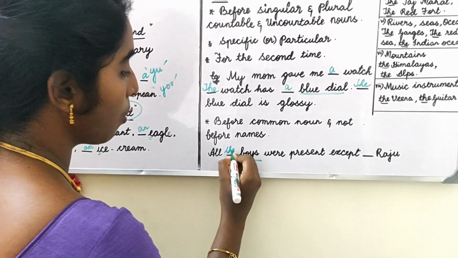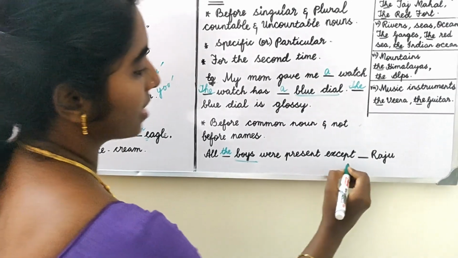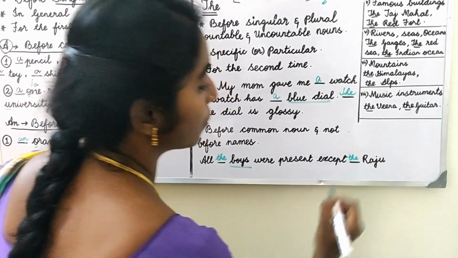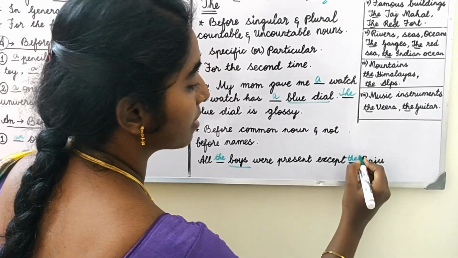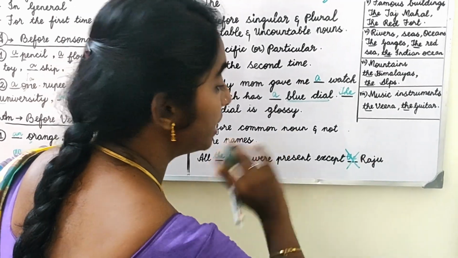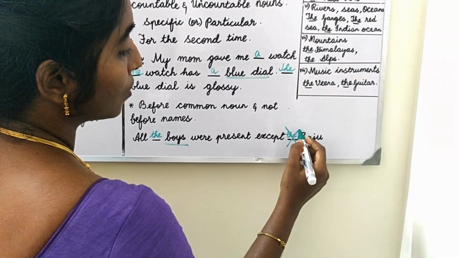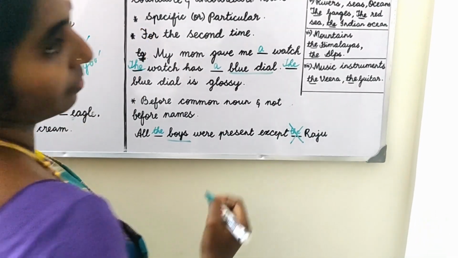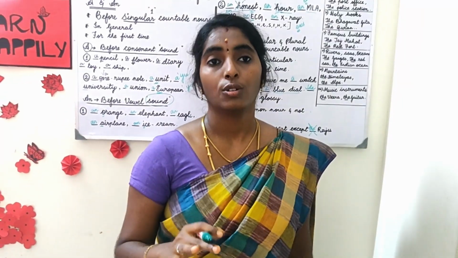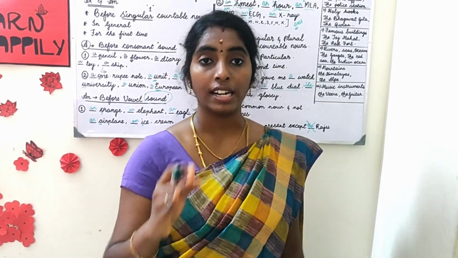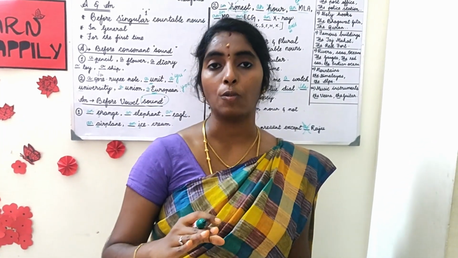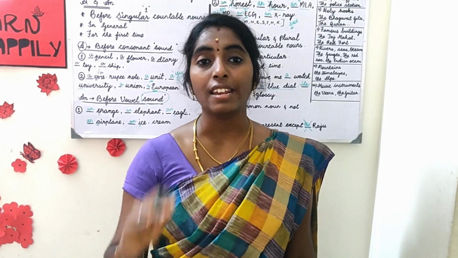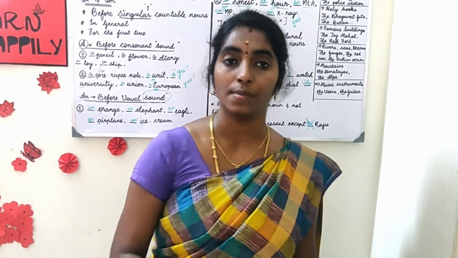So all the boys were present except the Raju, many will be saying, but actually the error in that is there shouldn't be any article. Okay, so no articles should come before the name. That's what we are learning today. So you should use the article the before common nouns, but you should not use any article before names.